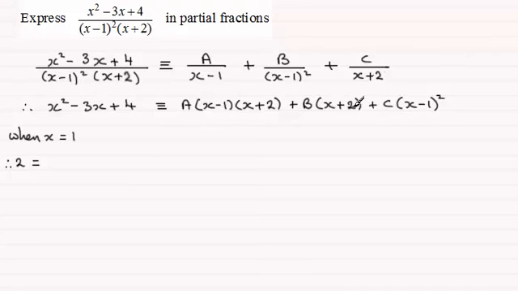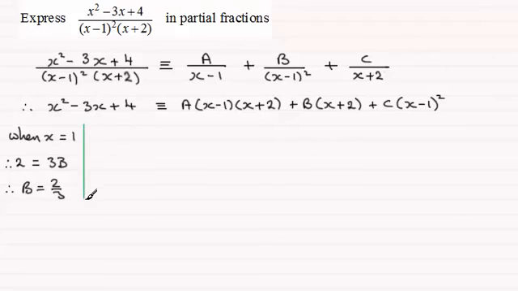Putting 1 into here gives us 3, so we end up with 3b. And then putting 1 into this bracket here gives us 0, so it takes out that term. And so 2 equals 3b, so therefore if I divide both sides by 3, you can see b equals 2/3. So that's what we've done basically in the past.